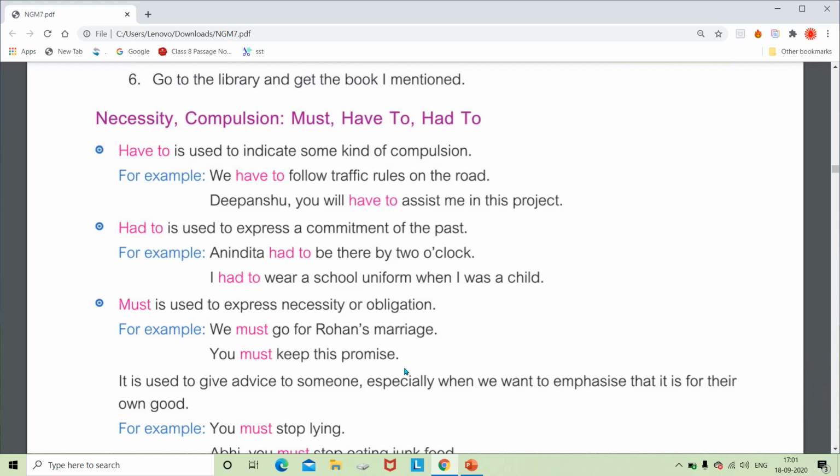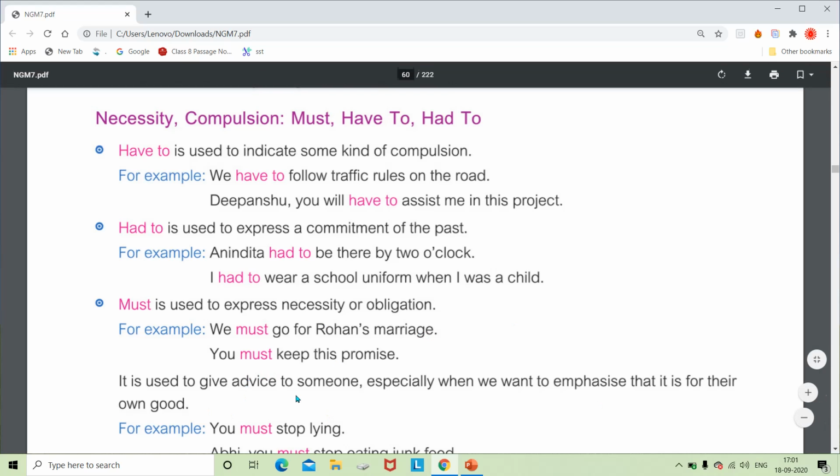It is a kind of obligation or necessity, like we must go there because he is our closest friend and he may require our help, so it is necessity from Rohan's part. And you must keep this promise, so this is an obligation, it is our responsibility to keep our promise, it is our moral obligation.